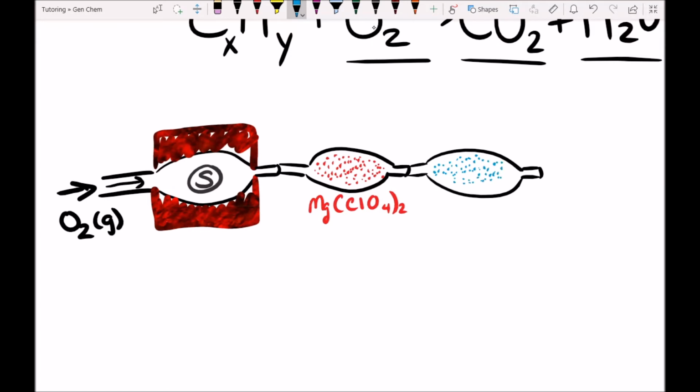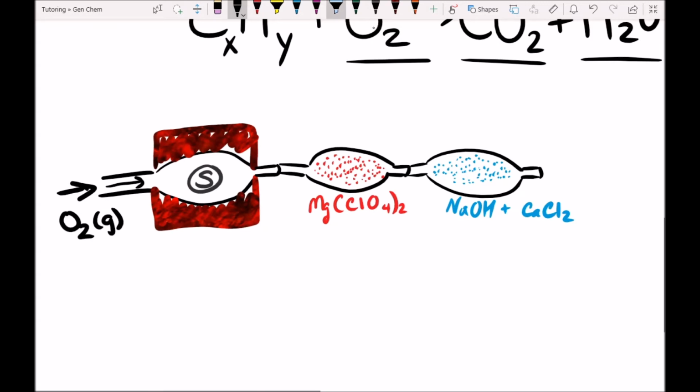And so that's going to be a combination of some strong base, let's say NaOH, and calcium chloride. So our different parts, we have oxygen gas flowing in from the left side into our sample chamber surrounded by heaters, which flows into our chamber with a drying agent to absorb the water, and the next chamber that absorbs the carbon dioxide produced from the combustion.